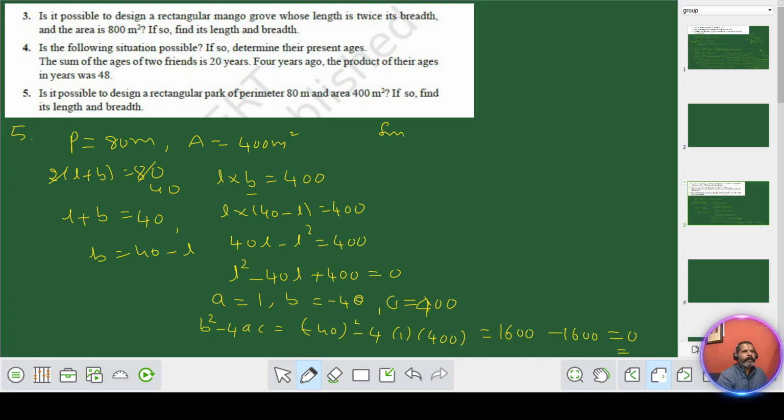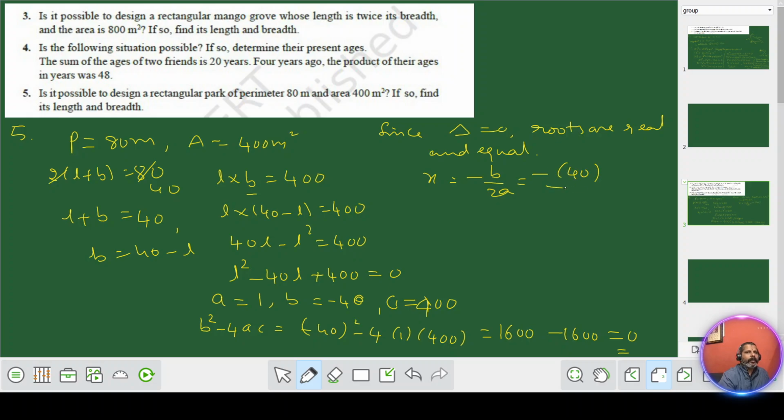So since discriminant is 0, roots are real and equal. What are the roots? Roots will be minus b by 2a, 2 times it will be. So what is minus b?